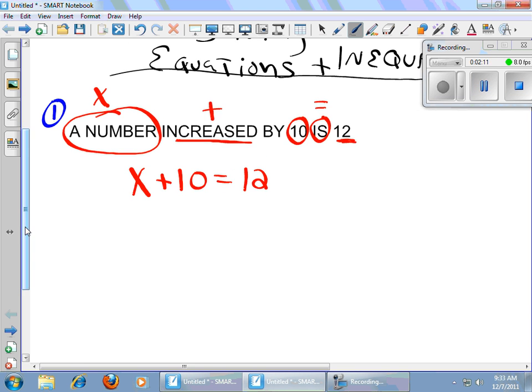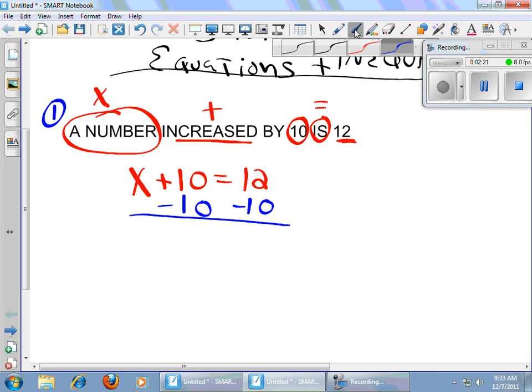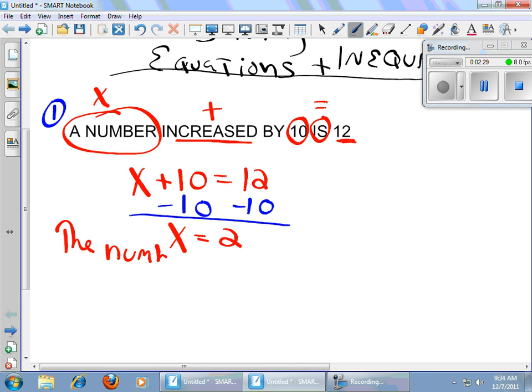I'll use my 5 questions, and actually only 4 in this case, and I will listen to Saddam, who tells me to undo addition with subtraction. When I do that, I will get X equals 2. Therefore, the number is 2. It's pretty simple.